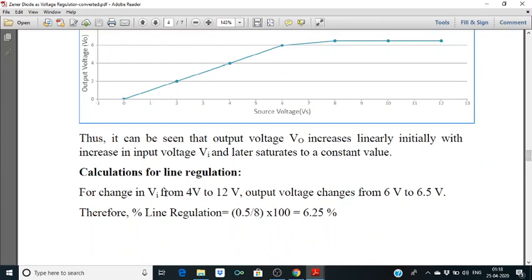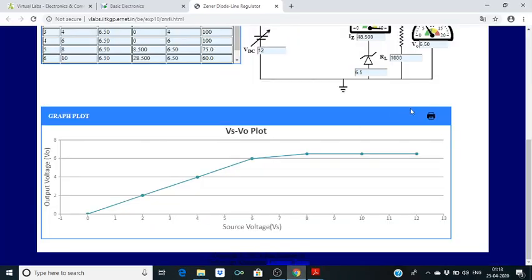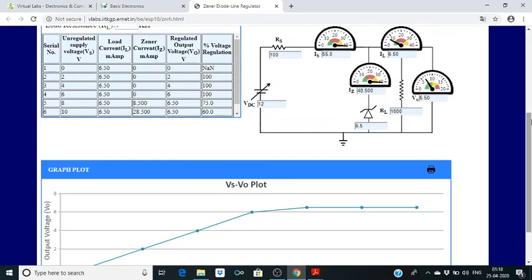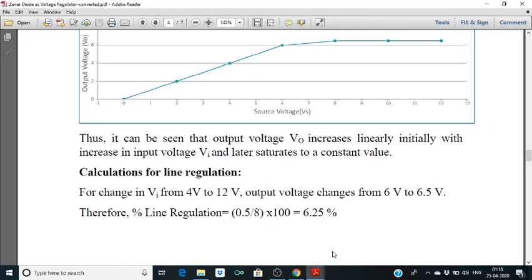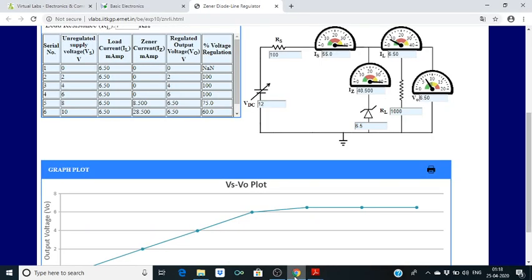So for the change in Vi from 4 to 12 volt, we can see the output voltage changes from 6 to 6.5, as you can see in the observation table.